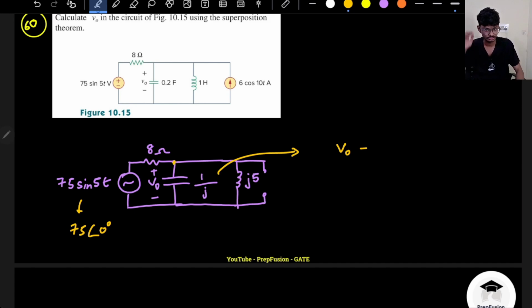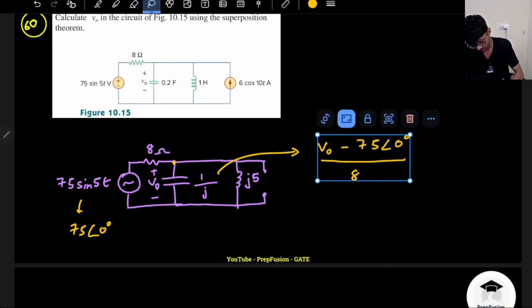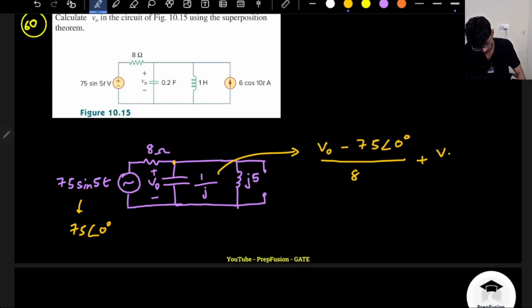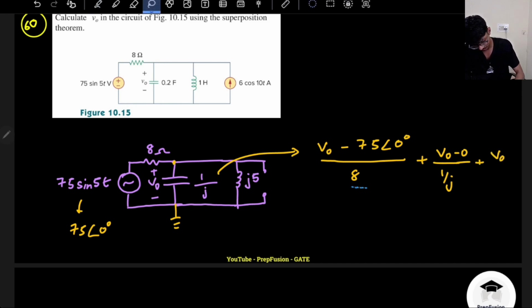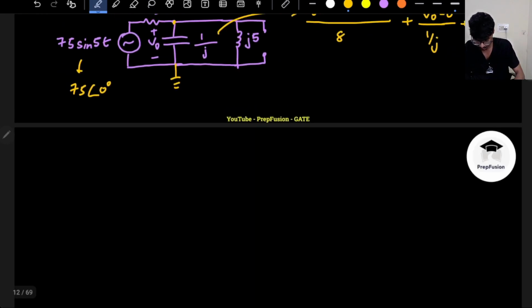So this will be v naught minus 75 angle 0 divided by 8 ohms, plus v naught by 1 by j minus 0 actually, because this point is grounded basically, plus v naught minus 0 divided by j5.